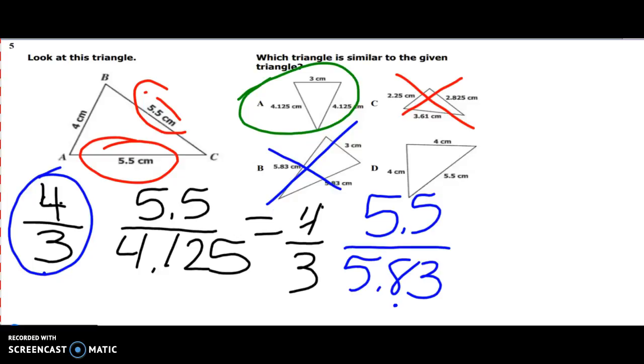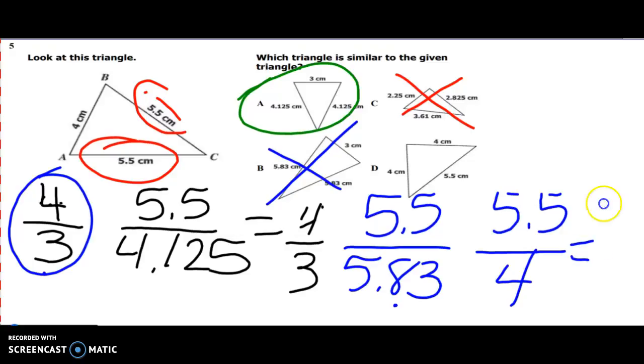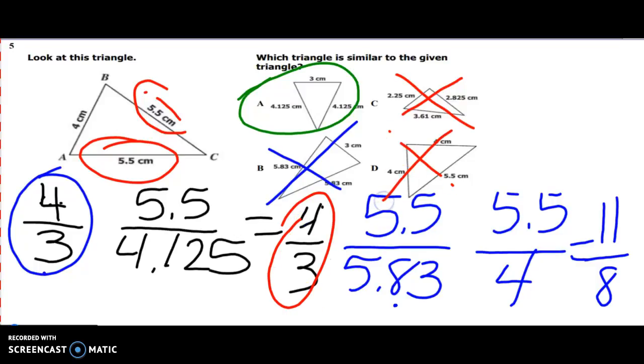Here we've got 5.5 to 4. Again, if we put that one in our calculator, go to math, first choice is fraction, that gives us 11/8. That is not the same scale factor that we originally had with the 4/3, so that one is eliminated. This is the only one that has the same scale factor. Remember, it's important to have the same scale factor.